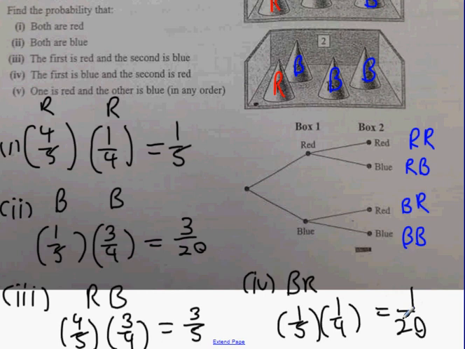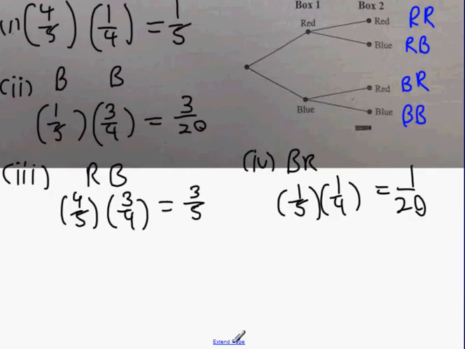Finally, you want blue or red in any order. What does blue or red in any order mean? Dennis, what does blue or red mean in any order? If I want 1 blue and 1 red, how many different ways can this happen? It's more than 4. It can happen these 2 ways.